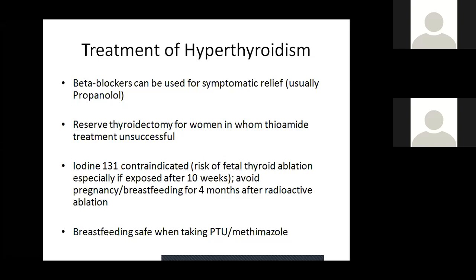And after delivery, we will ask the patient to avoid pregnancy for the next 4 to 6 months, and she should not do breastfeeding if the radioactive ablation is done in the immediate postpartum period. Breastfeeding is safe if the patient is only taking propylthiouracil or carbimazole.